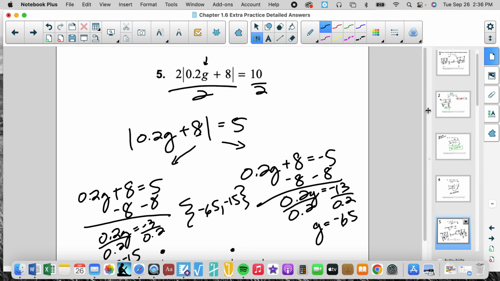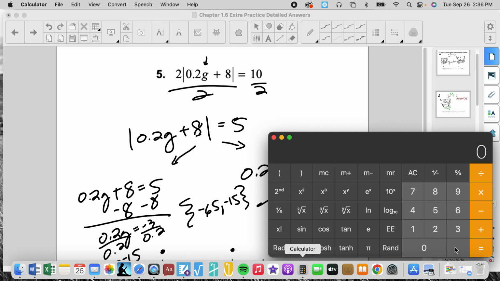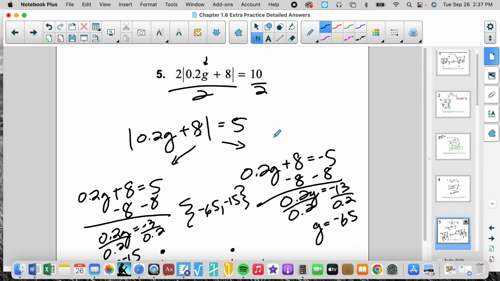So, really? 0.2 times 15 is 3. 3 plus 8 is 11 times 2. Oh no, I did that right. 11 times 2 is 22, but 22 doesn't equal 10.